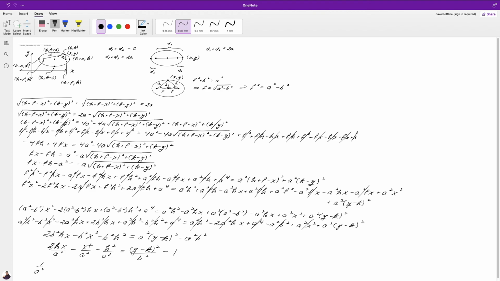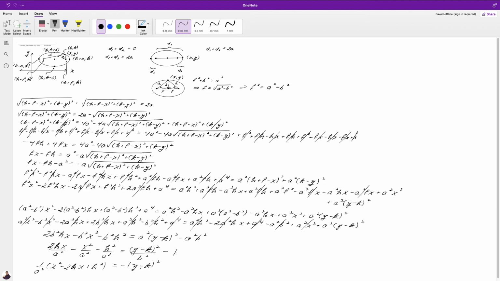I'm going to go ahead and rearrange these. So this is going to give us here x squared, because we've divided by -1, minus 2hx, because we've divided by -1, plus h squared, since we've divided by -1, is equal to, again dividing both sides by -1.